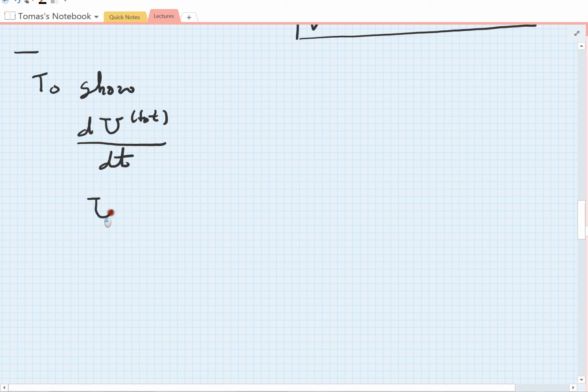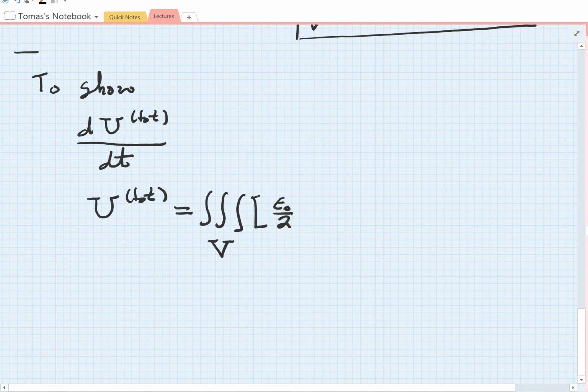In fact, let's write that down right now, where the total energy stored is equal to the integral over our volume V of the electric and magnetic energy densities to get the total electromagnetic energy. And those densities we had shown above are epsilon over 2 times the strength of the electric field squared, right? So that's the magnitude of the electric field vector squared.